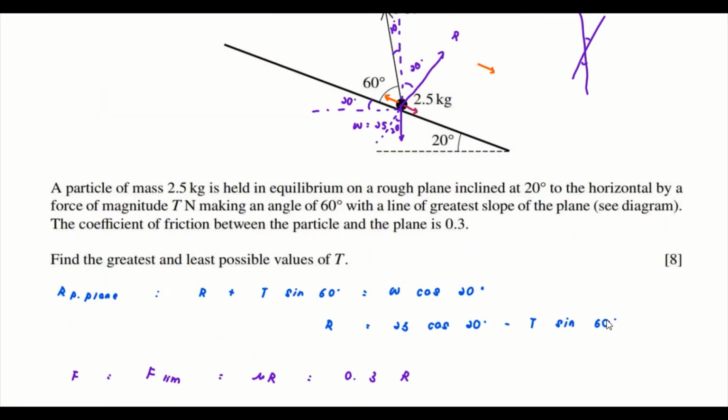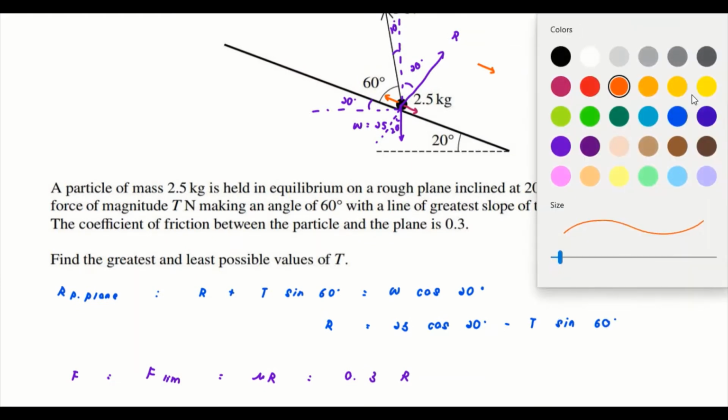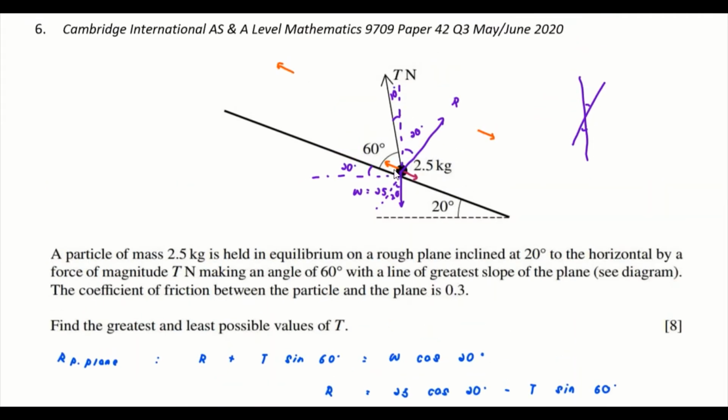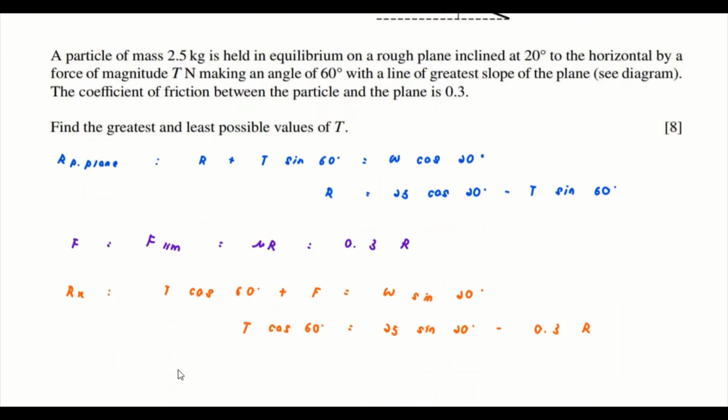Now let's look at the purple color for this one. It's the maximum force that we try to apply, which is the T here, and what we try to do is make the particle slide up the slope. So that's why the friction is moving downwards. Towards this direction, we only have our T, which means this is another R equation.